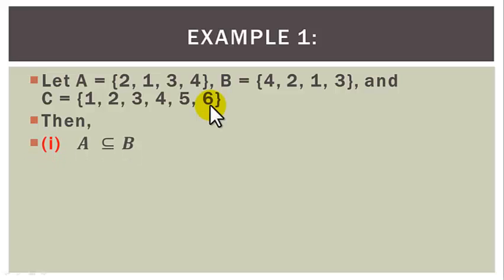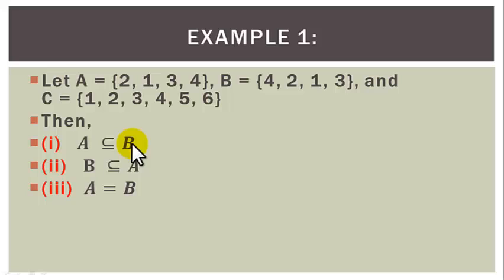A is a subset of B. As you can see, every element here in A is there in B. 2. B is a subset of A because every element here in B is there in A. 3. A is equal to B because of the two statements here.